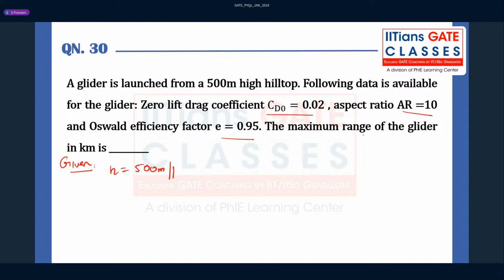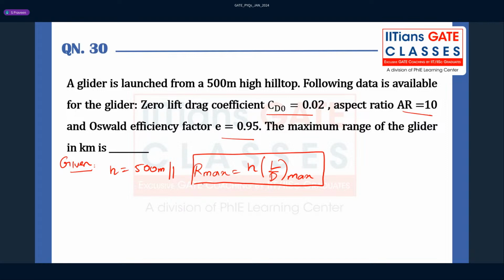So maximum range of the glider. To determine the range, there is this formula: maximum range is basically h times the L by D max, the lift to drag ratio at maximum value. So I have to determine the L by D max. And how can I do that?